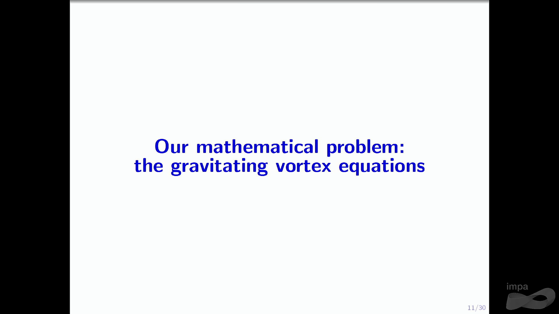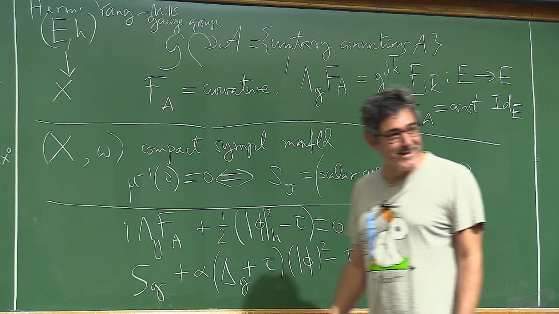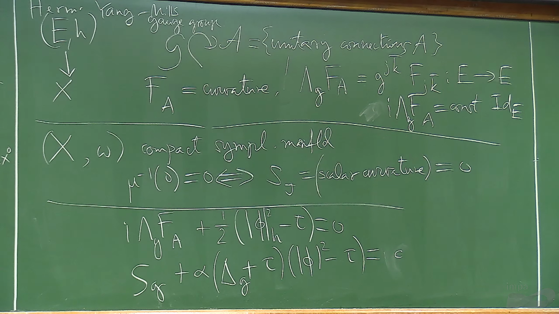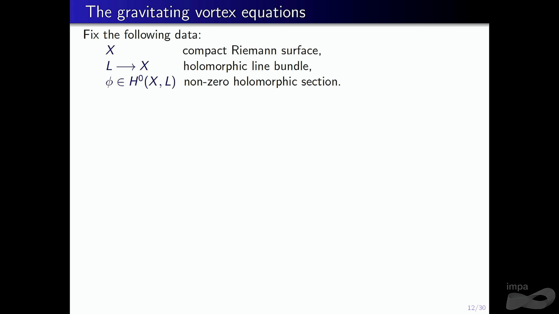The only difference is I will put here any constant. But I will change the language a bit to complex geometry. So we start with a compact Riemann surface, but the equations are equivalent. A holomorphic line bundle and a holomorphic section. That's why I dropped the second equation.